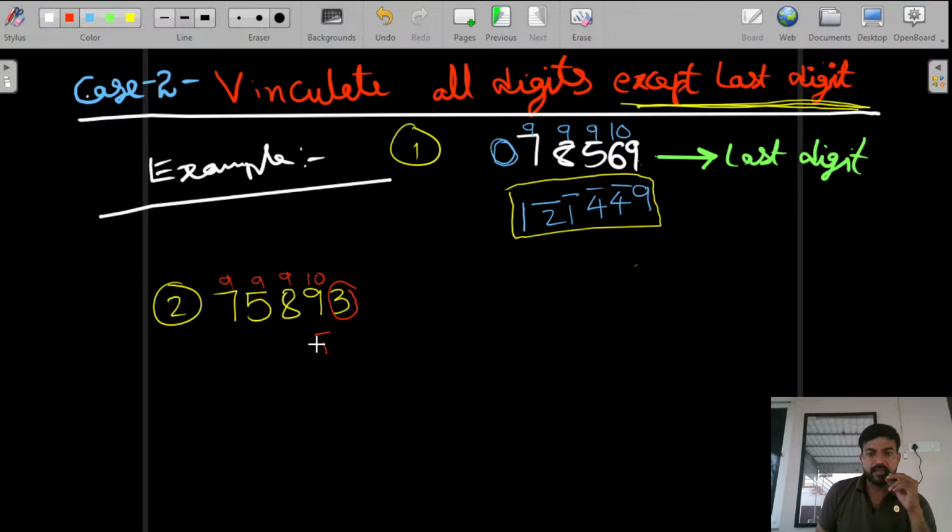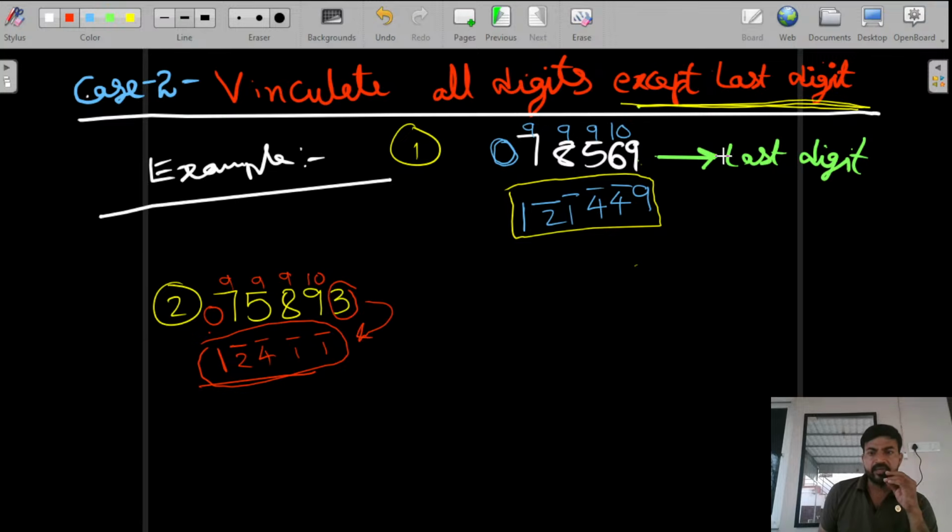So 10 minus 9 is bar 1, 9 minus 8 bar 1, 9 minus 5 bar 4, 9 minus 7 bar 2. Assume there is a 0. Apply the second rule also: take the successor of the remaining. This is the vinculated form of 75,893. Is it clear, everyone?